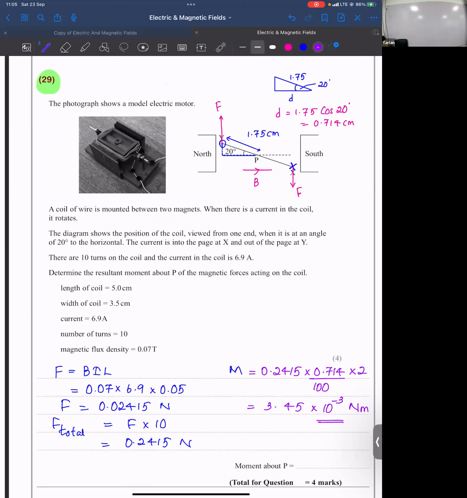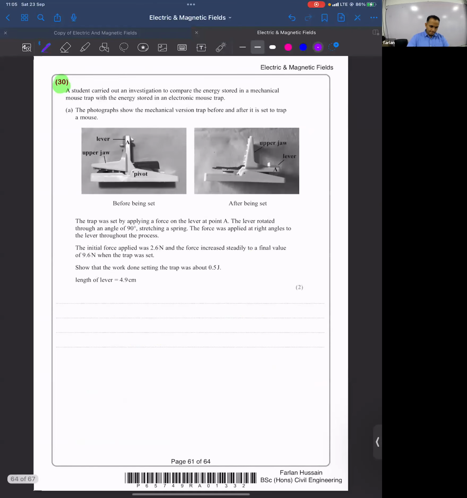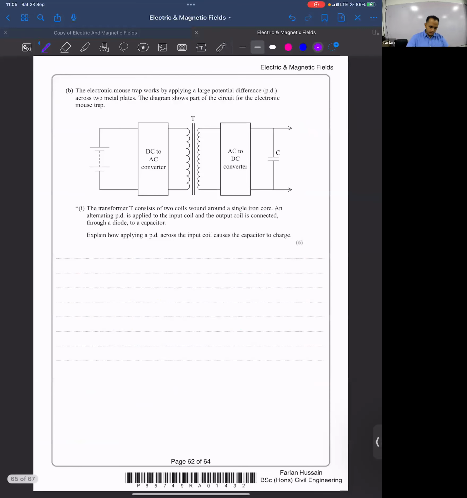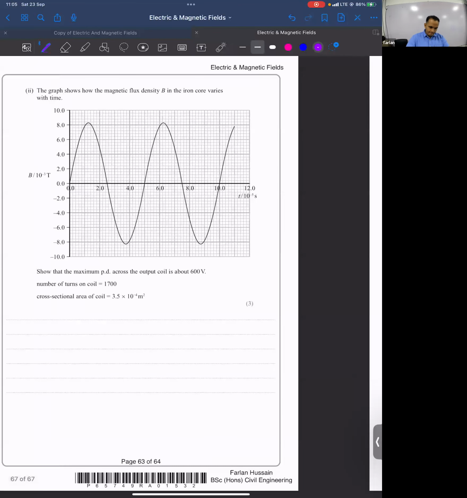Okay. So at point X there is a wire into the paper. Current going in. So I is in, B is this way. Force is down. Okay. Right?